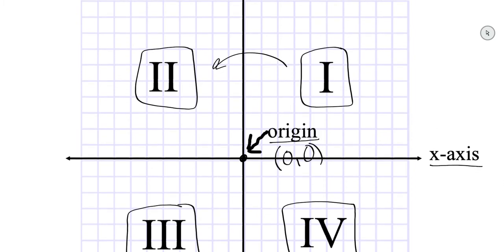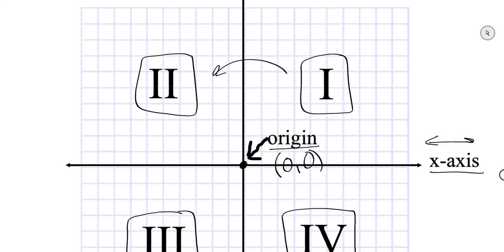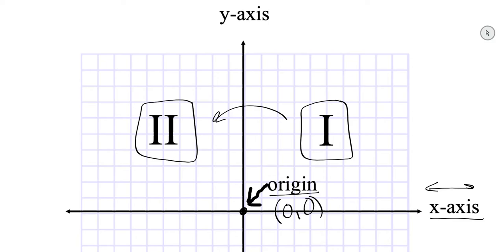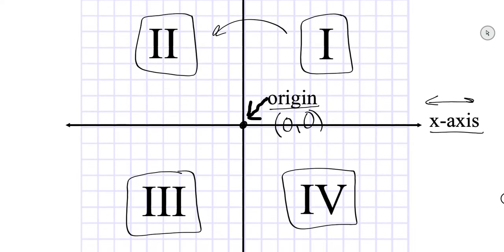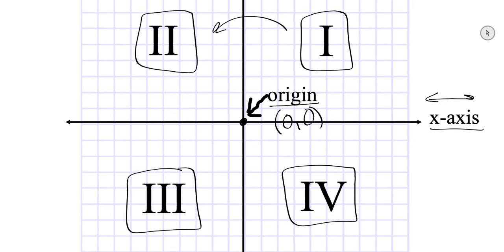We have the x-axis, which goes left and right. Okay, x is always left and right, we should remember that. And then we have the y-axis going up and down. So we're going to review here how we graph coordinates in this system. The x-axis is kind of like our number line.